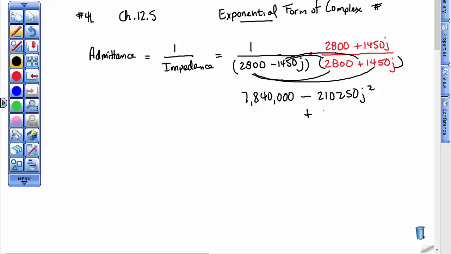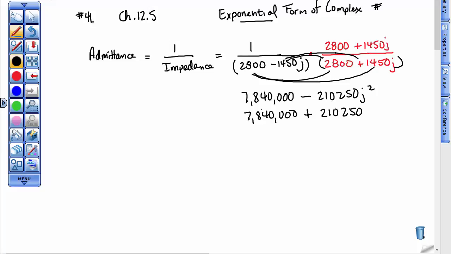So essentially that's going to be plus 210,250 because j squared is equal to a negative 1 times that minus sign. So when I added these two numbers in the denominator, I wonder if I wrote them down anywhere. I'm going to grab my calculator. It's not right on my screen.